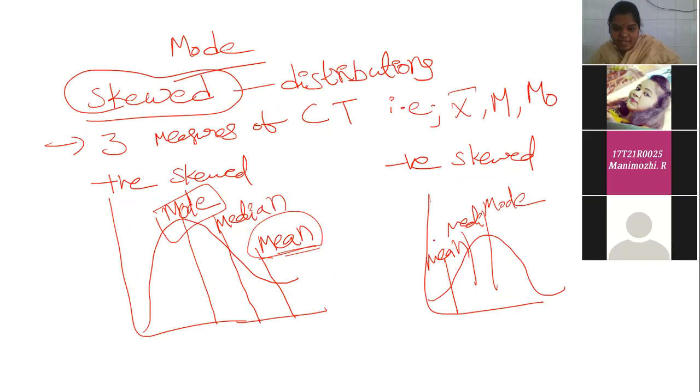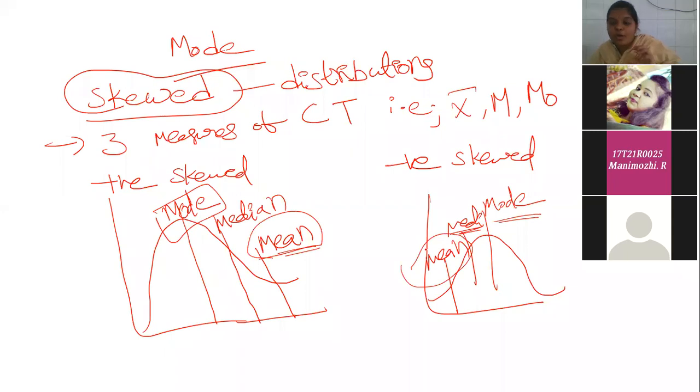The value of the mean is lower than those two measures, showing very little value compared to the median and mode.